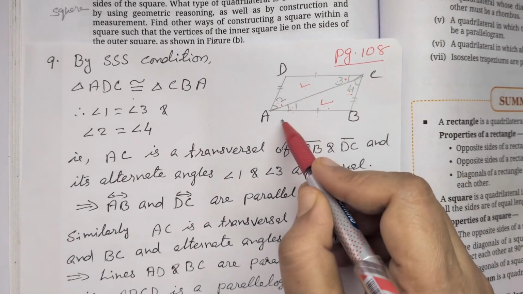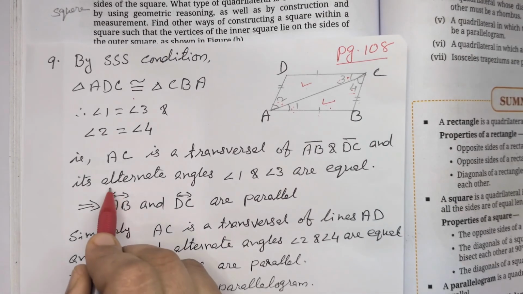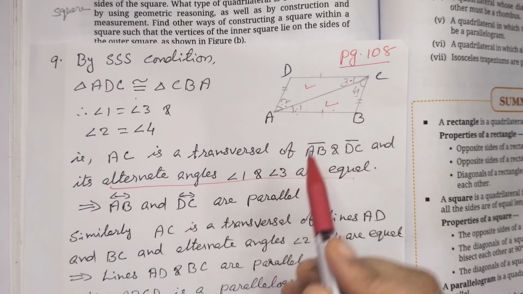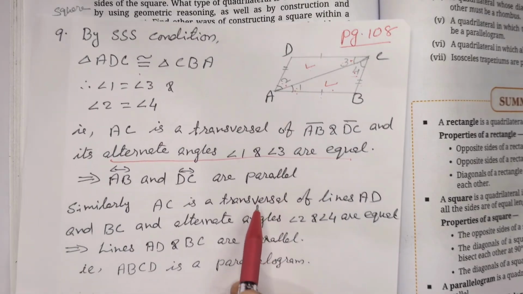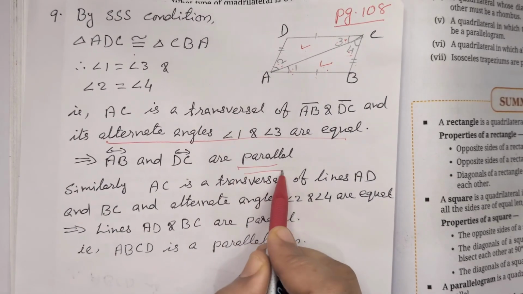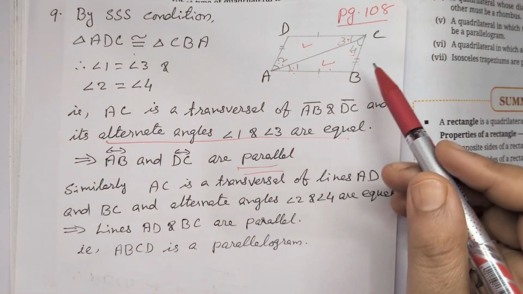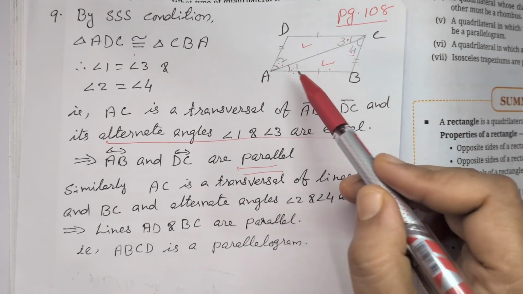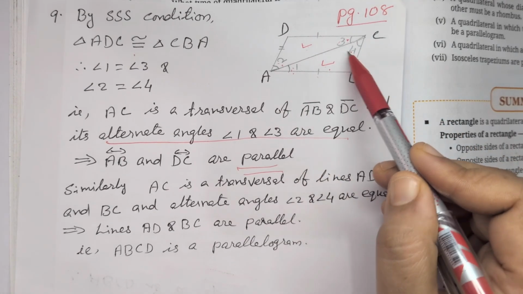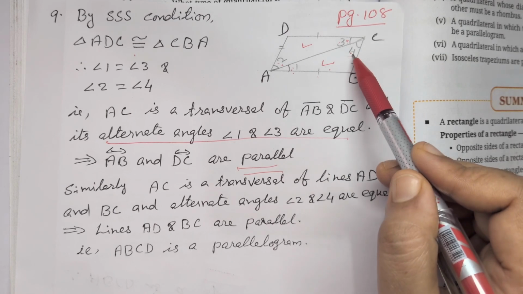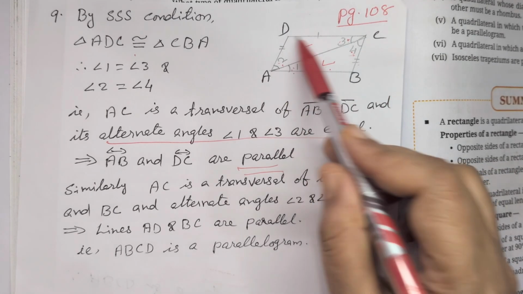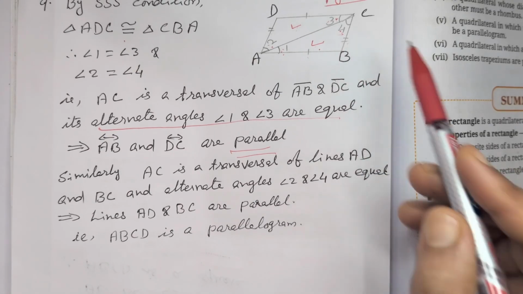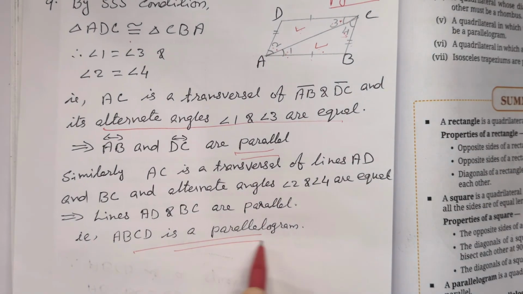We know that if the alternate angles are equal, then the corresponding sides are parallel. Similarly, for the other side, AC is a transversal for AD and BC. Then we can see angle 2 is equal to angle 4, which means the lines AB and CD are parallel. So from these two pairs of sides we can write that ABCD is a parallelogram.